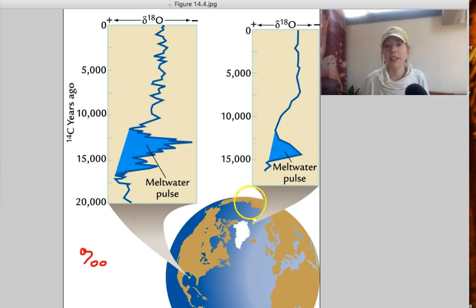And we see a similar trend up in the Norwegian Sea here. So we see the same pulse. And so that shows a time of rapid melting and outwash of this glacial melt into the ocean, where plankton could incorporate it into their shells, and then these isotope ratios were preserved in the geologic record.